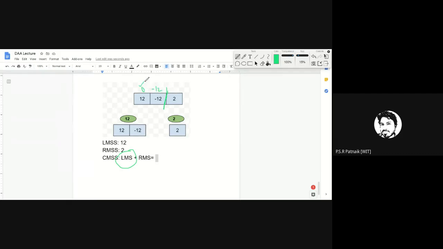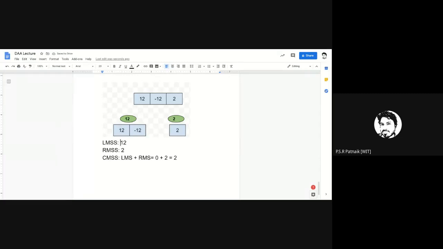This is maximum. So the LMS, the max left side sum, is 0, and the max right side sum is 2. Take the sum of these two. It will give you the center maximum subarray sum, which is equal to 2.